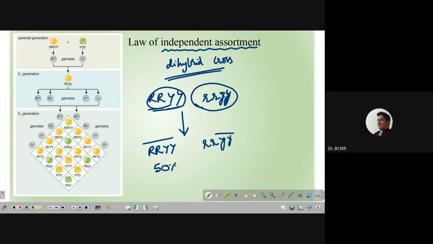What does that mean? It means that the characters are not assorting independently.